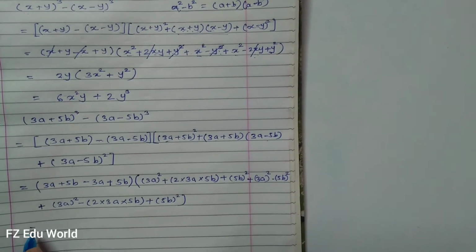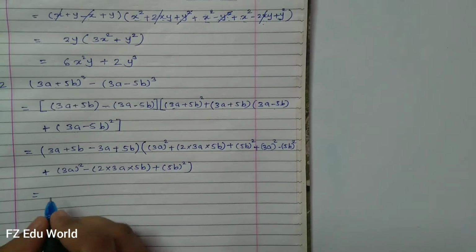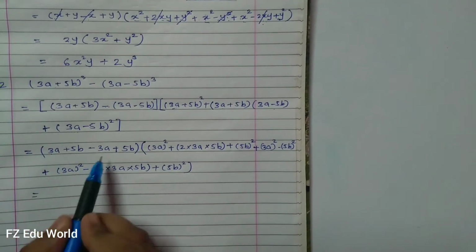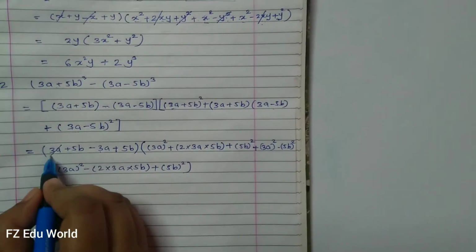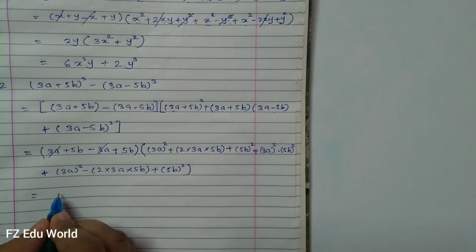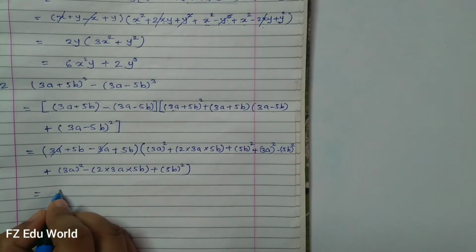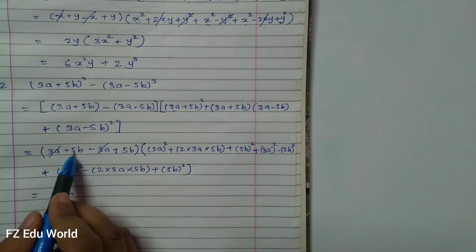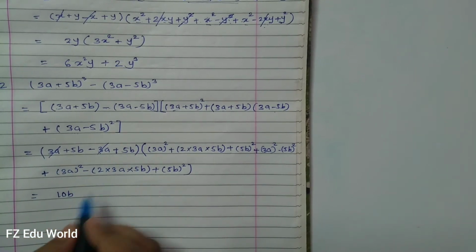Now we will simplify this. 3a minus 3a will get cancelled. What is remaining? 10b, that is 5b plus 5b, so 10b.